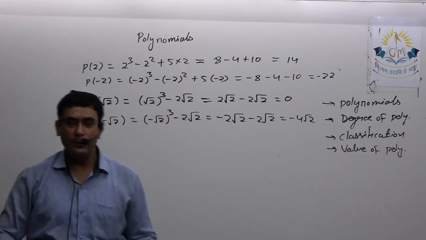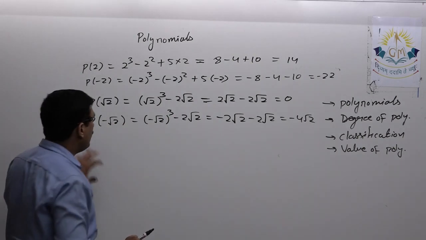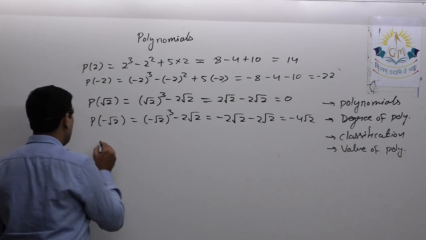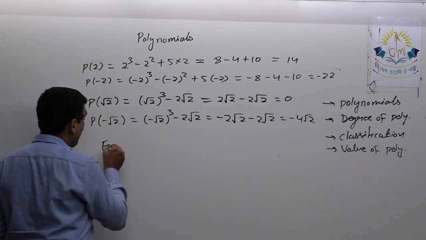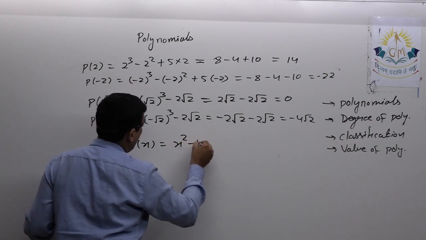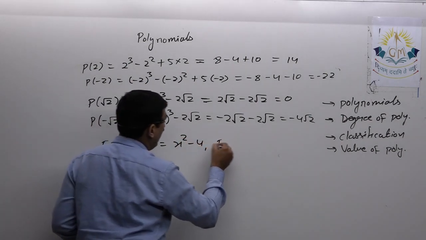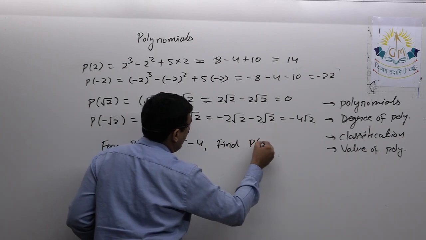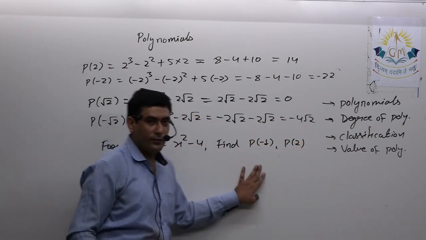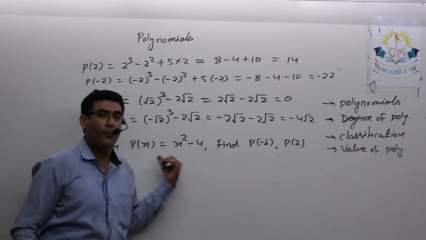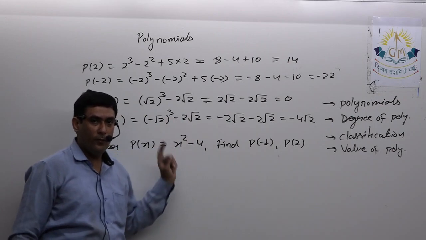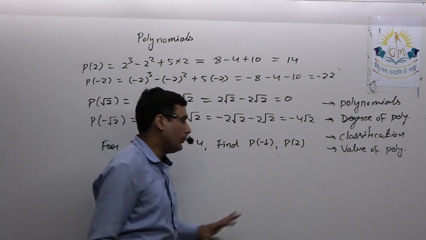Now sometimes they won't ask you to find the value of the polynomial at the given value. They simply ask: p(x) is equal to x square minus 4, find p(minus 1), p(2). So p(minus 1) is the value of polynomial at x equal to minus 1. p(2) is the value of polynomial at x equal to 2.